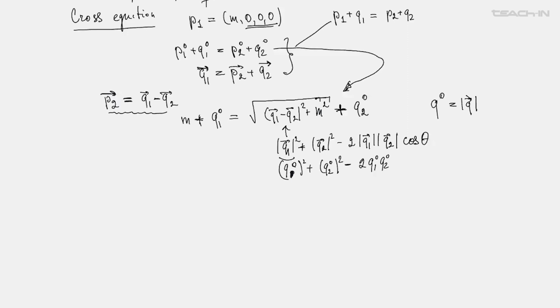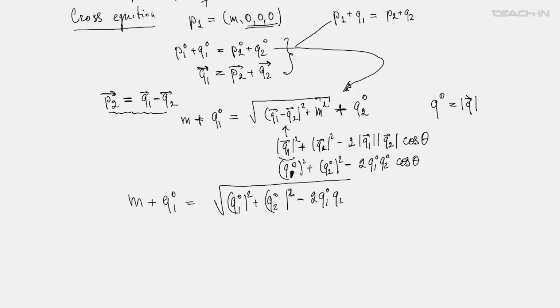Then my equation takes the form m plus Q10 is equal to the square root of Q10 squared plus Q20 squared minus twice Q10 Q20 cosine theta plus m squared, plus Q20.